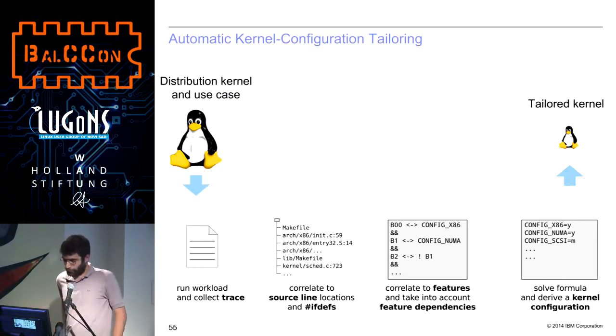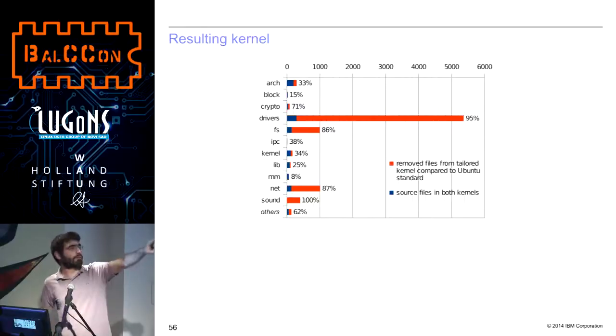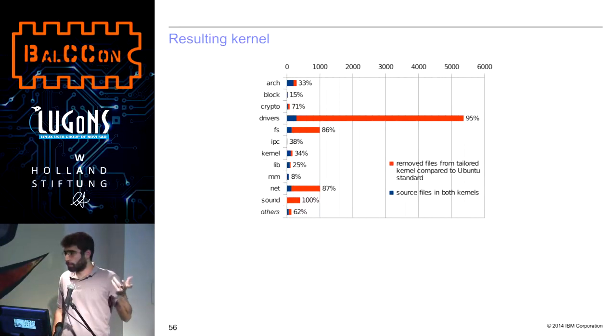And a fun thing to look at is which source files are being compiled into the kernel. So in this graph, you have on the x-axis the number of source files that are getting compiled. And in orange, you have the files that have been removed from your base kernel compared to the tailored kernel, which is in blue.